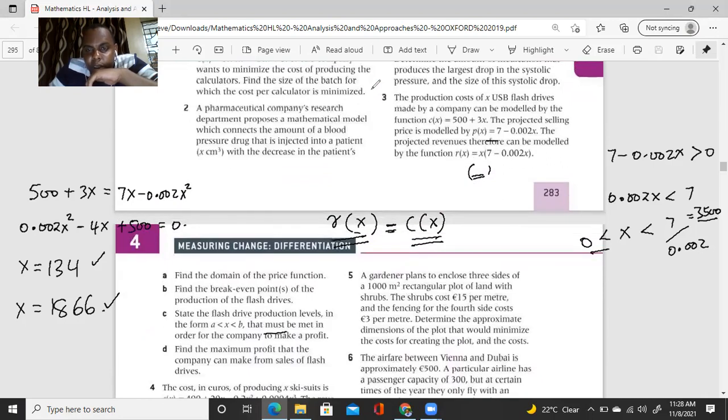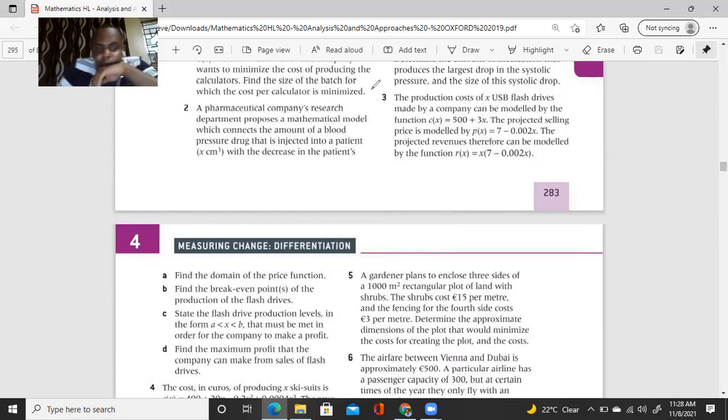So the equation for profit, we always calculate profit when we take our revenue and subtract the cost, right?